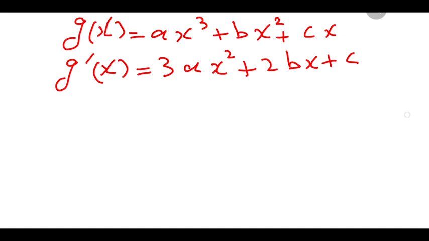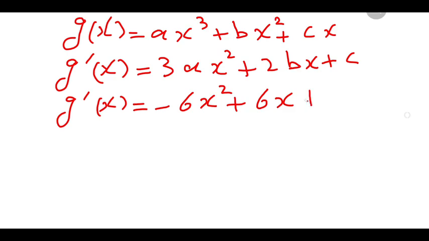Now the given first derivative of g of x is -6x^2 + 6x + 12. The coefficient of x^2 is 3a here, and the coefficient of x^2 in the given derivative is -6.